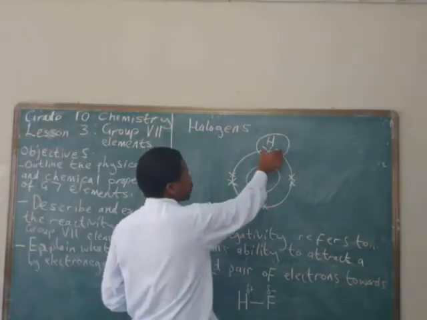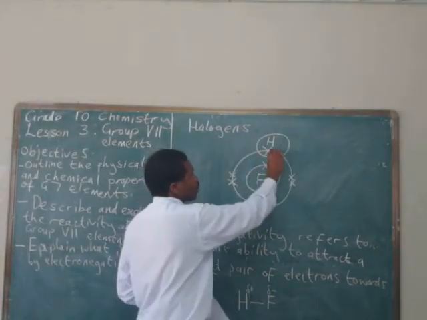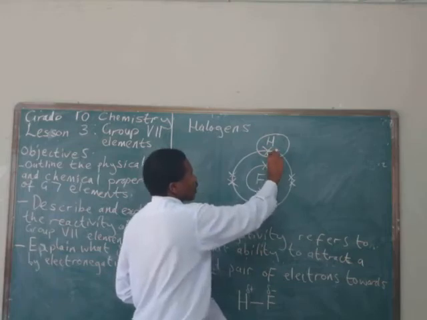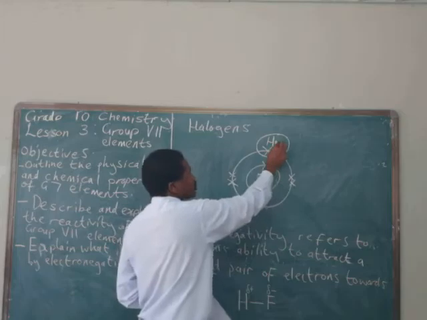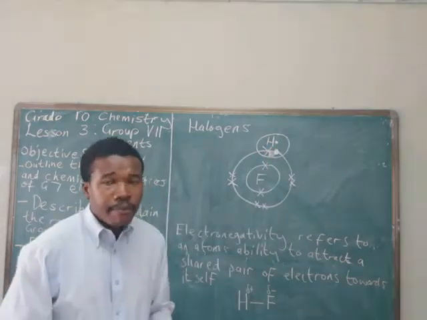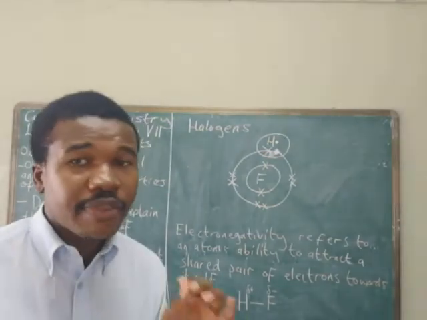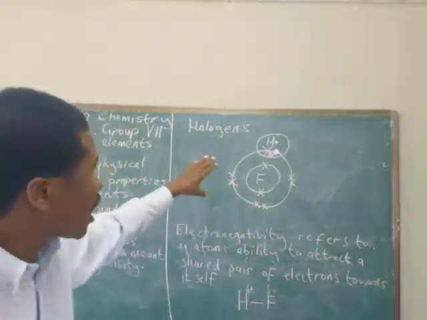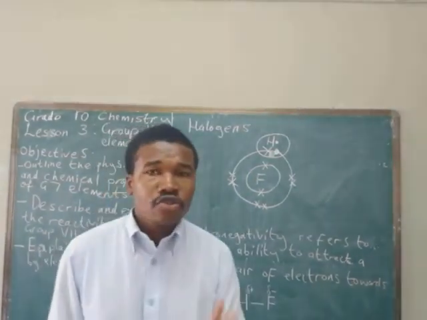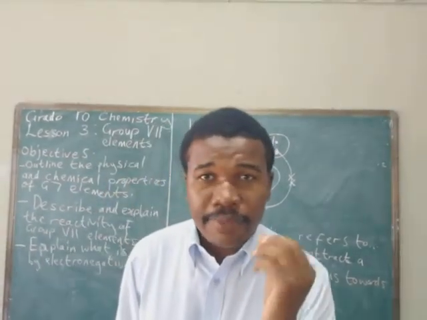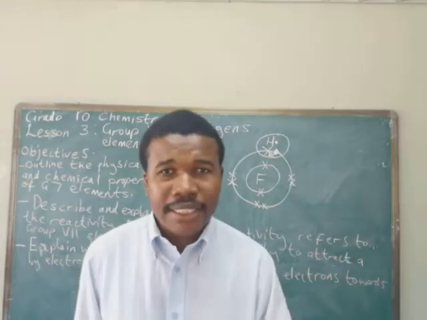This pair of shared electrons would actually be pulled closer to fluorine than to the nucleus of hydrogen, because fluorine is much more electronegative than hydrogen. So electronegativity is the ability of an atom to pull a pair of shared electrons towards itself.